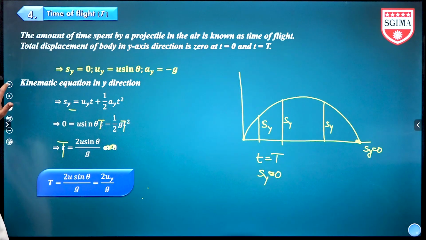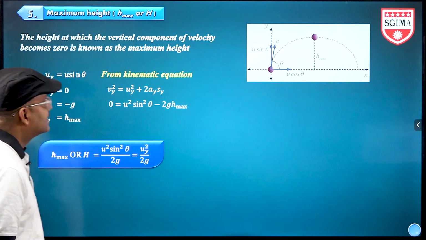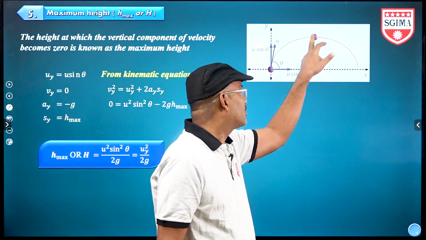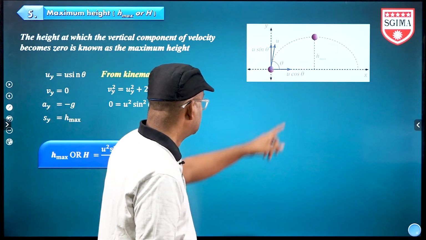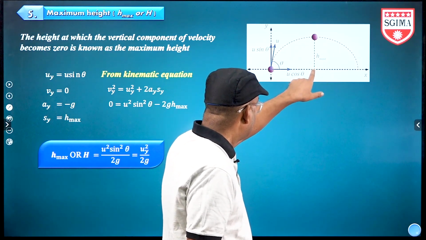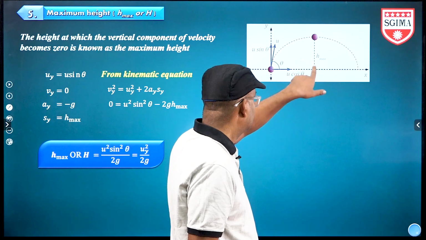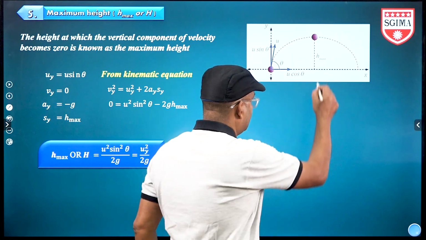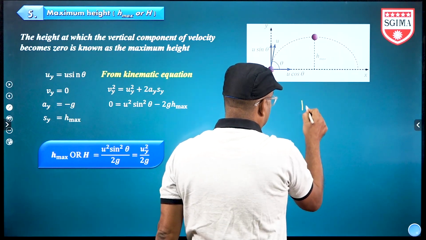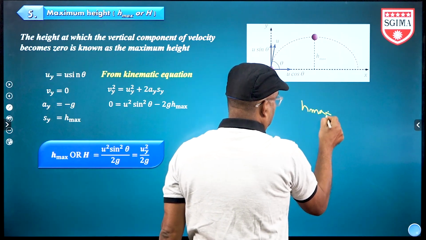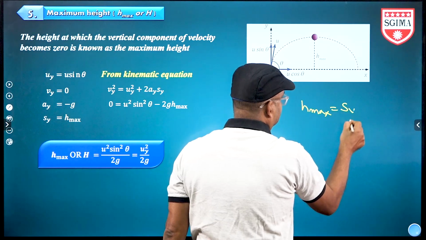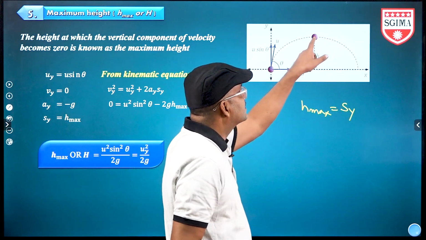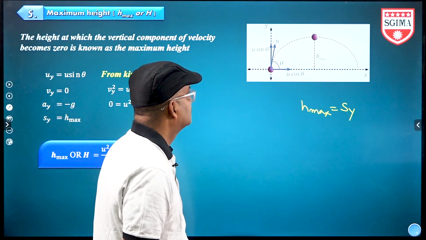See, maximum height. When the body reaches the highest point, the vertical displacement is called maximum height. Maximum height is Sy when it reaches the highest point.